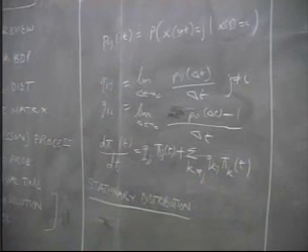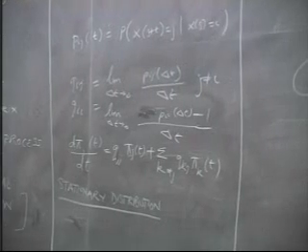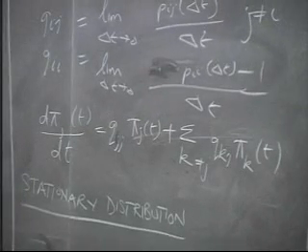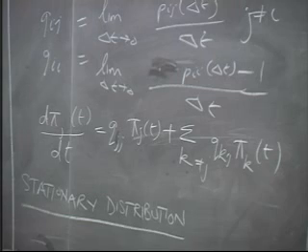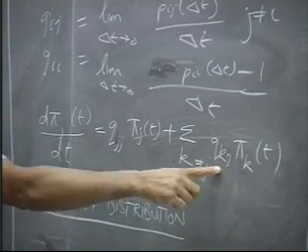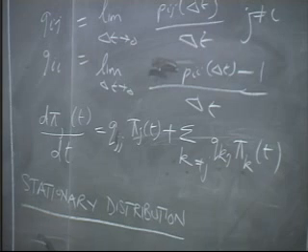This looks a bit obscure, but the easiest way to understand it, and we will use this when we do the birth-death process in just a few minutes, is that I can look at the rate at which probability flows into a state. That rate is the probability of being in state k, pi k, multiplied by the transition rate from k to j. We sum up all these rates, and this can be interpreted as probabilities entering and leaving a state at a particular rate.